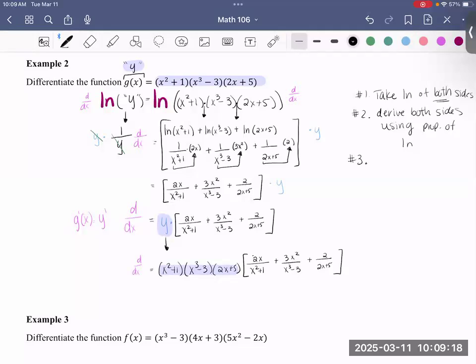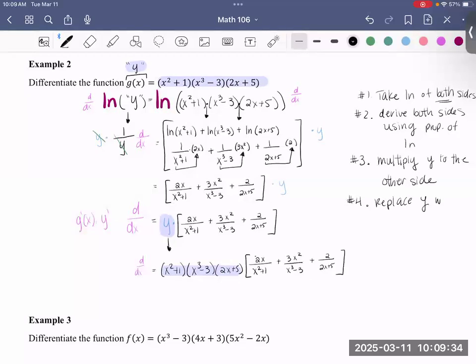Step number 3, multiply y to the other side. And step number 4, replace y with the original function.